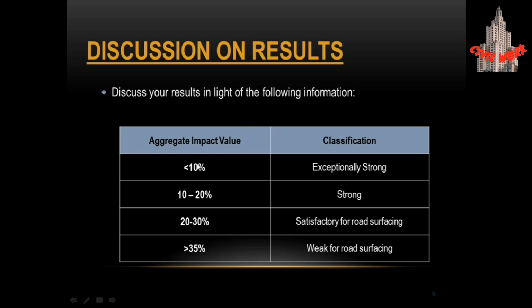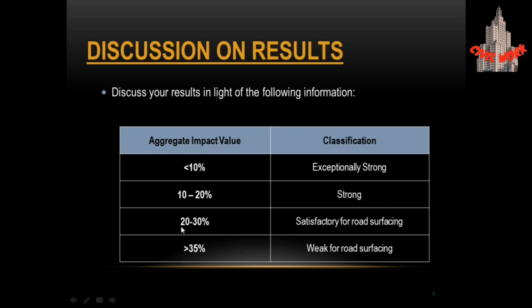If we have an impact value less than 10%, meaning 5%, 6%, 9%, it would be exceptionally strong. If we have 10 to 20% impact value, it would be considered strong.